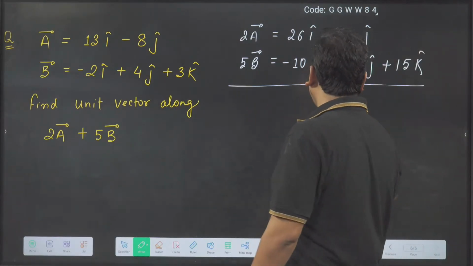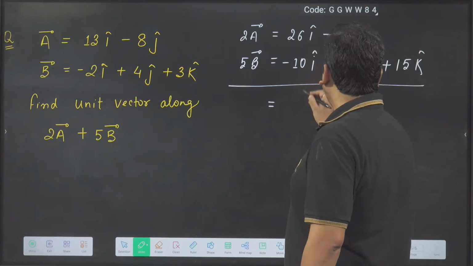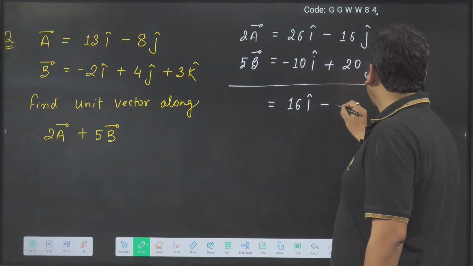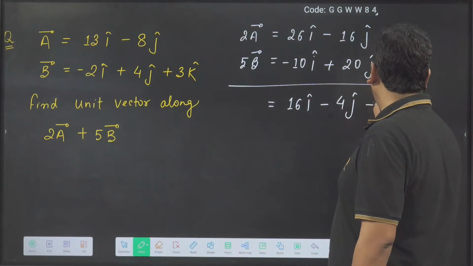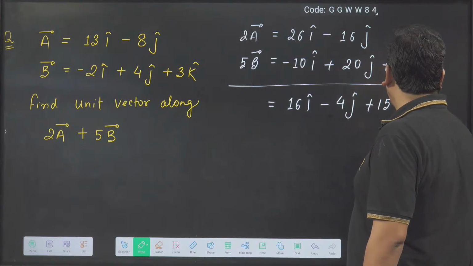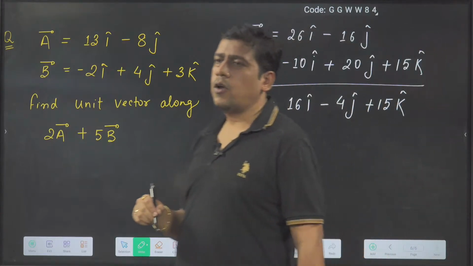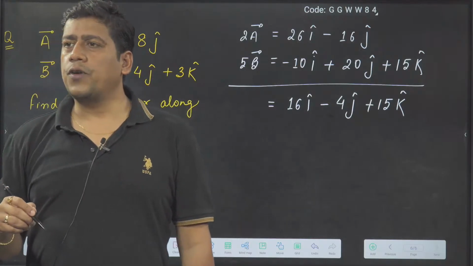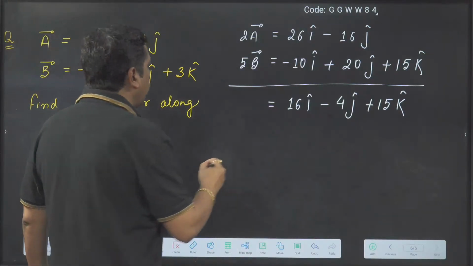Now add. If you add, you will get 16i minus 4j plus 15 k cap. But this is not the final answer. This is just 2a vector plus 5b vector. So we have to find the magnitude of this.